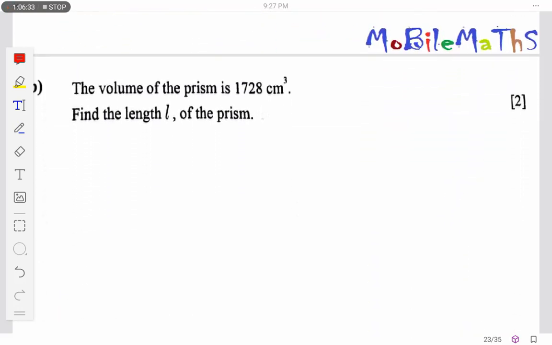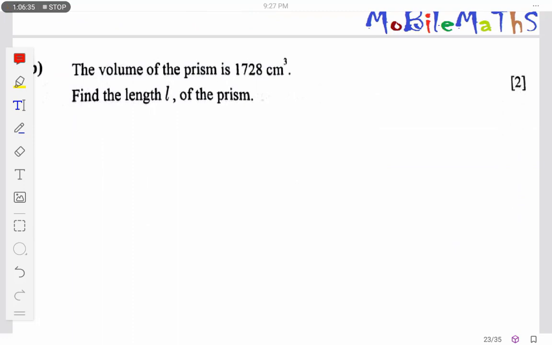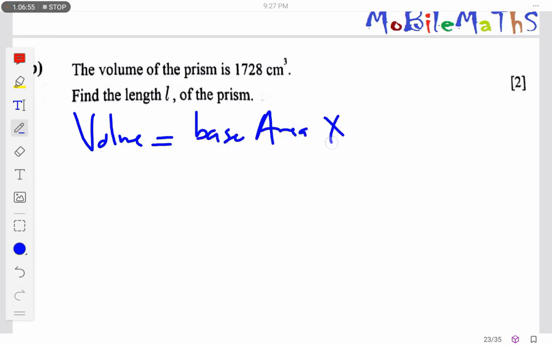Okay, the volume of the prism is 1,728 cubic centimeters. Find the length L of the prism. Guys, volume of any shape is equal to base area times length, or you can have this as height sometimes.